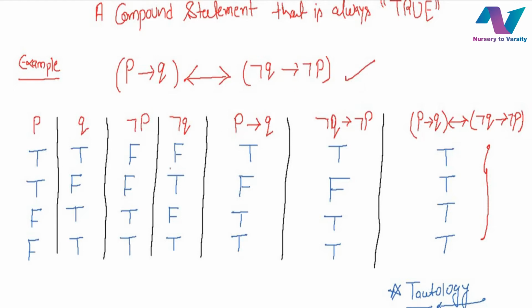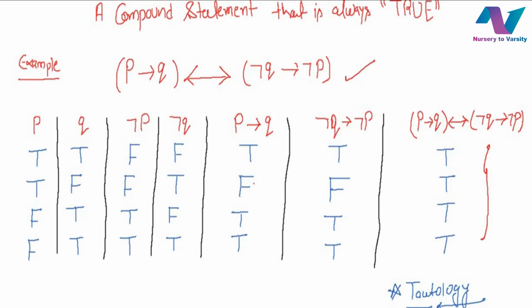So how did we do this? First we took the values of P and Q, then the negation of P and Q. Now our first task is to solve P implies Q, and from the implication table we know that there is only one condition where we get false, that is, if P is true and Q is false.